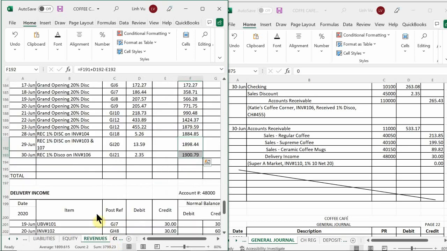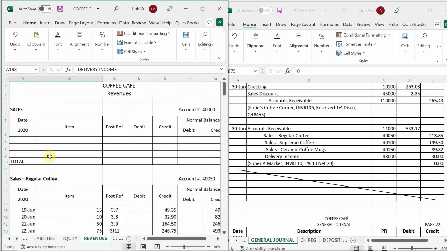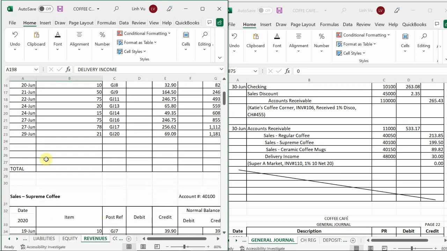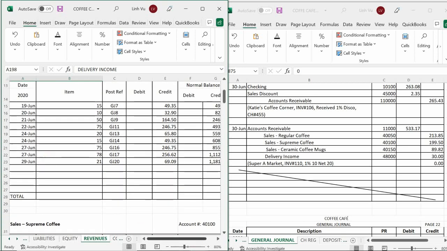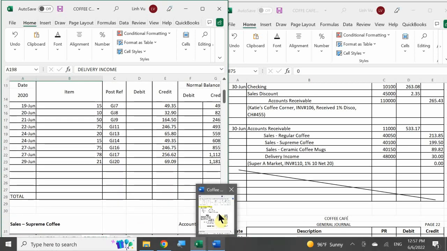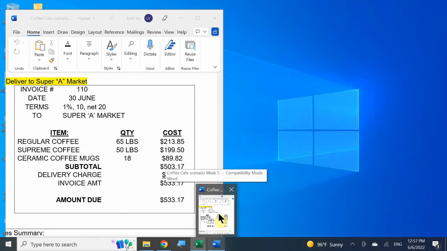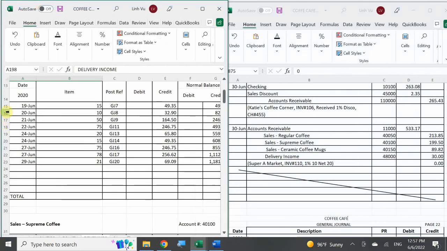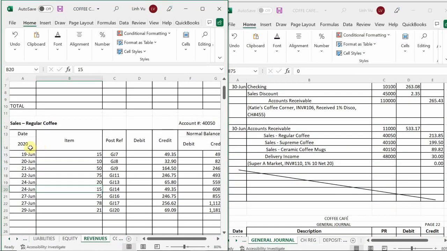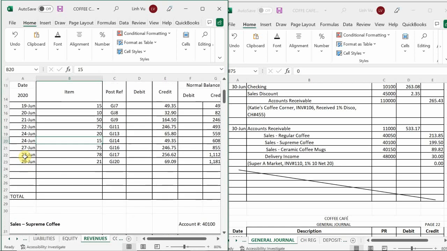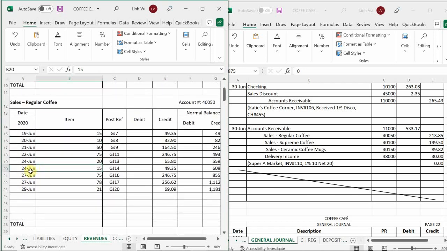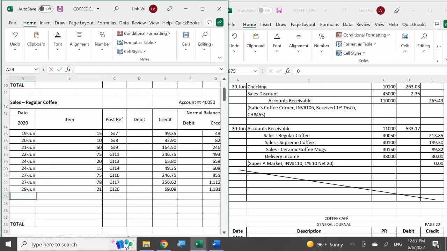We're also going to update my revenues here because I did sell my regular and Supreme coffee. Let's double confirm. I sold 65 pounds of regular coffee. Today is the 30th.